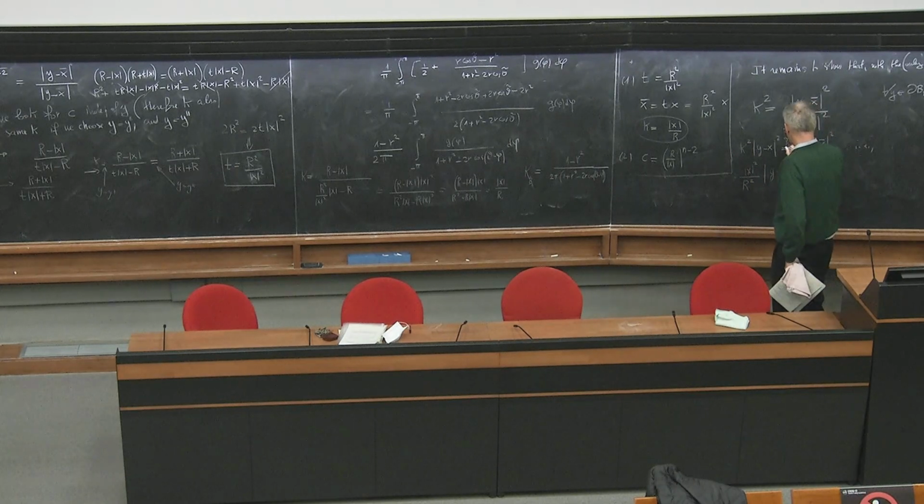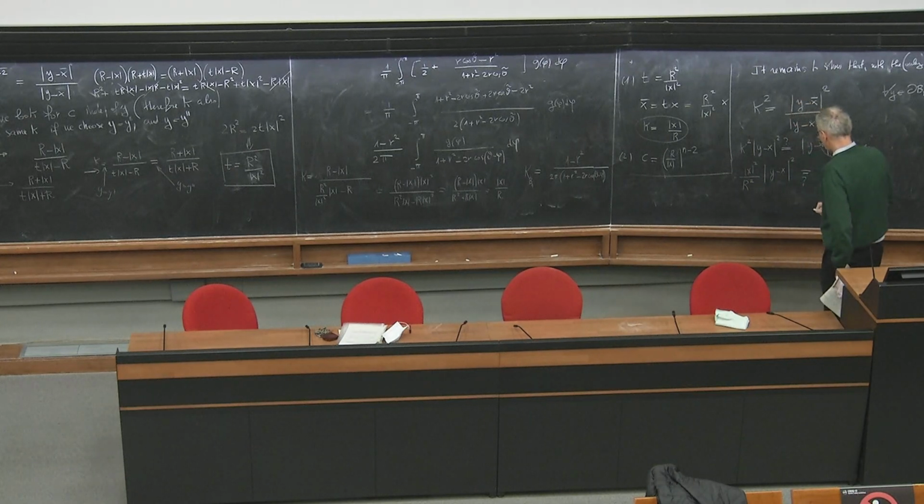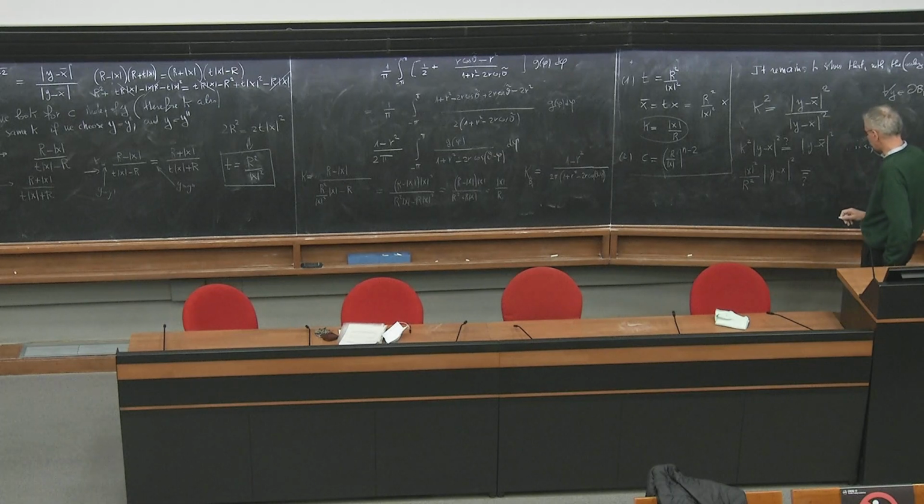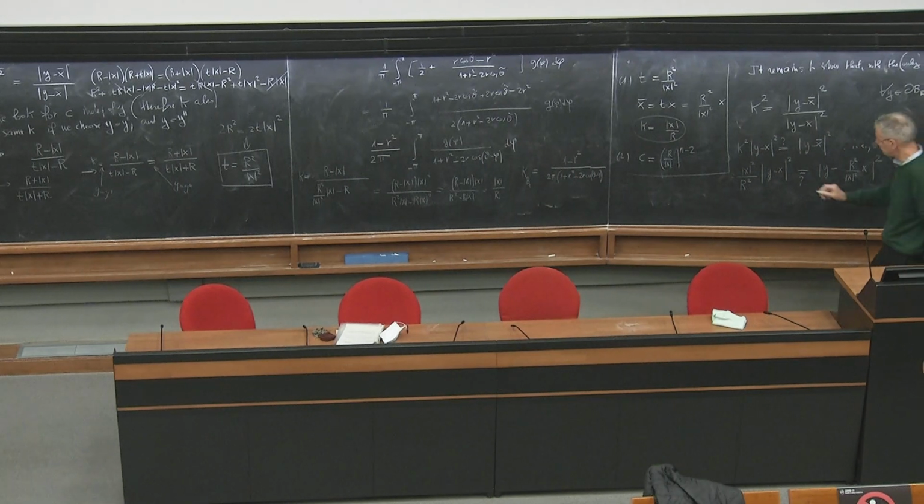We ask if it is true or not that for any y on the boundary, this is equal to y minus r squared over x squared multiplied by x squared. So this is our problem.